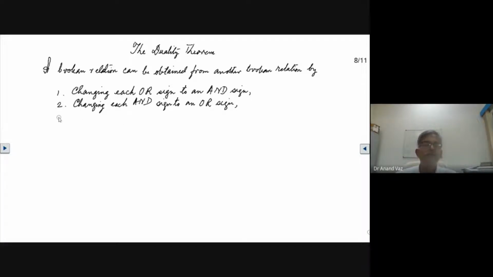And third one is you have to complement each 0 to 1 and 1 to 0. So these are the three steps. If you perform these three steps, from one Boolean relation you can obtain another Boolean relation.